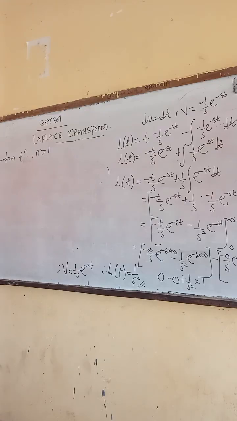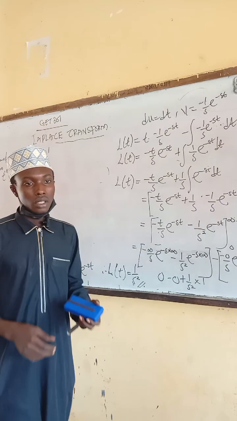So you still go by your formula. The Laplace of t raised to power n equals the integral from 0 to infinity of t raised to power n, exponential minus st, dt.